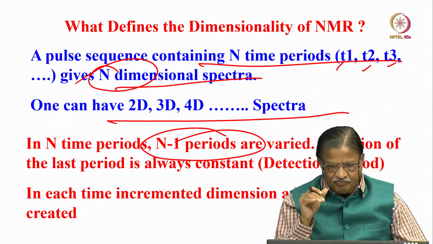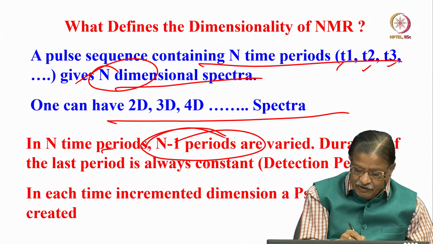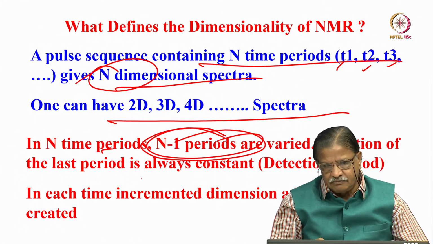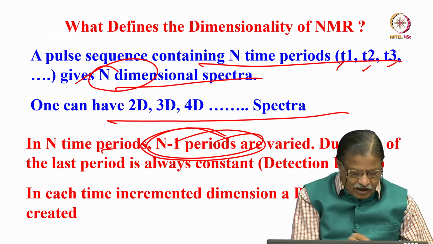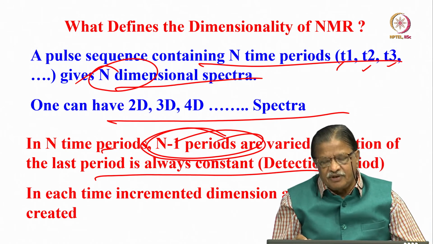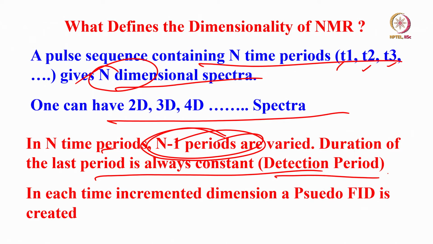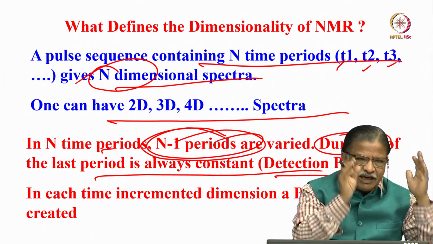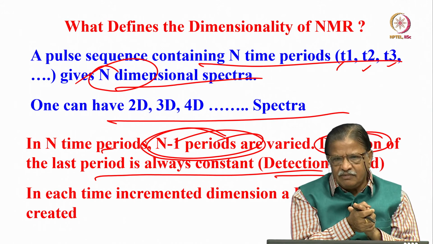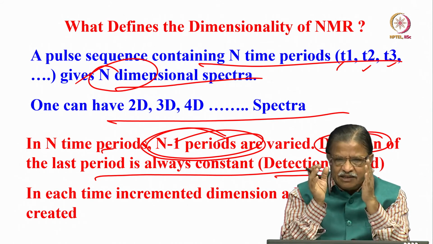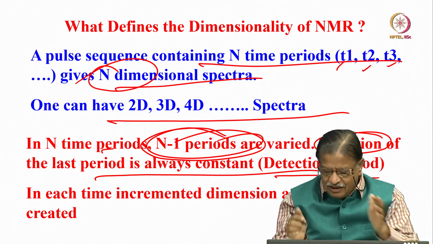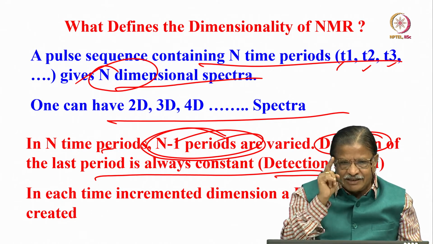But generally, if I have n time periods, n-1 periods are varied, and the duration of the last period is always a constant, that is called the detection period. You understand? In the n periods, n-1 are varied, and the last period is the period in which you detect the signal, a constant period called the detection period.